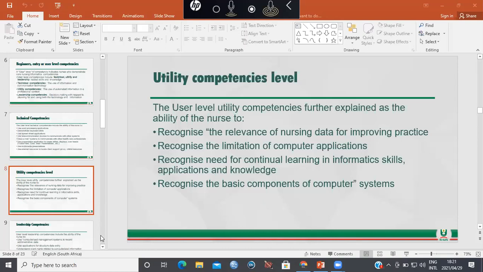That is utility competency level under beginner entry or user level competency.